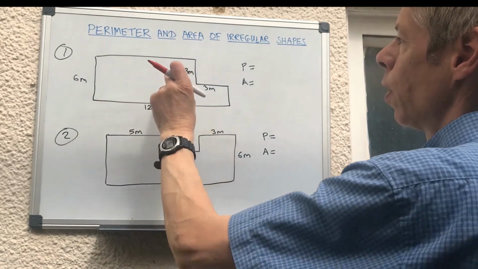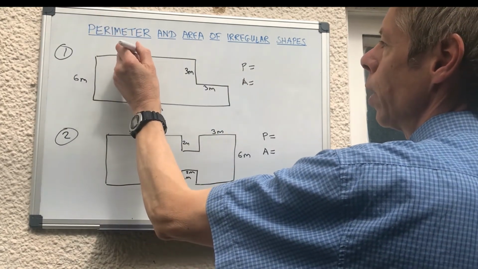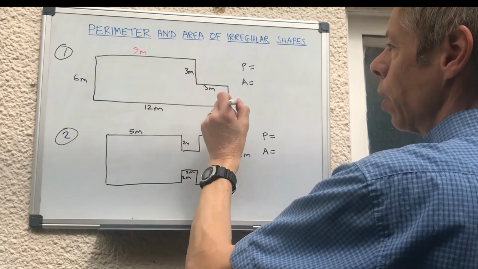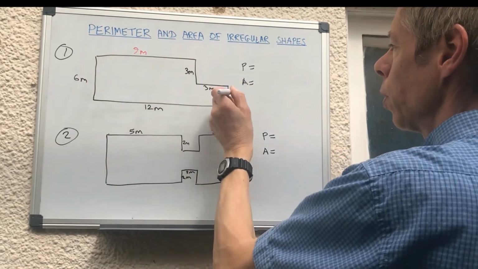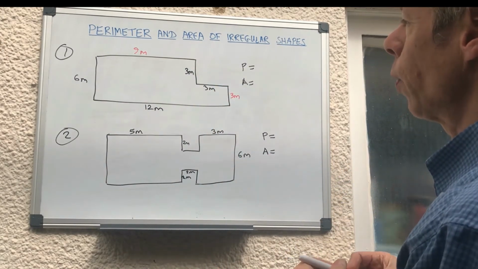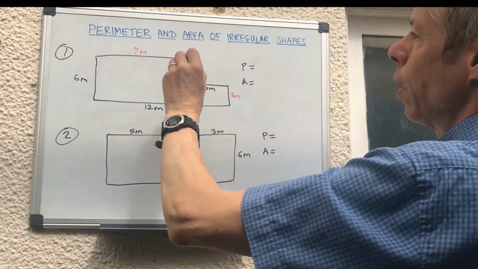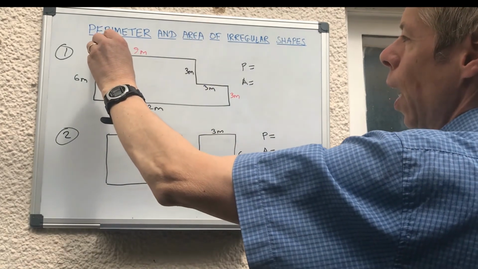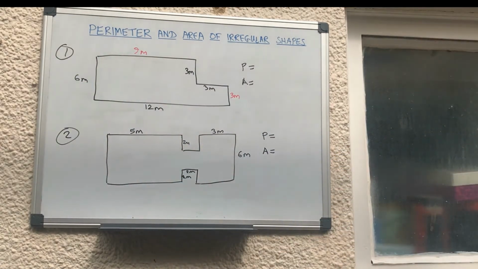So that's 12, that's 3, so that must be 12 minus 3, which is 9 meters, that's 3 meters, that's 6, but that's 3, so 3 plus 3 is 6. So now the perimeter, we should have everything we need. So we go 3, 6, 9, plus another 9 is 18. 18 and 12 is 30, so the perimeter should be 36 meters.